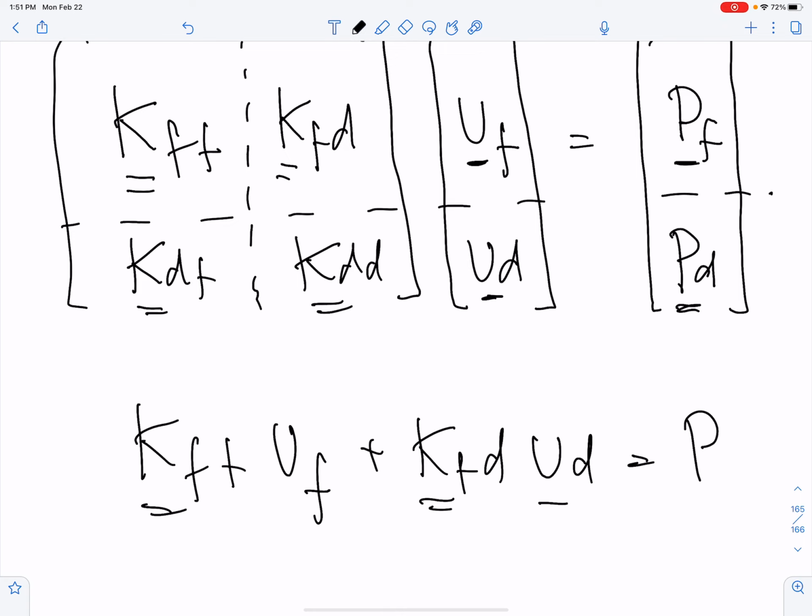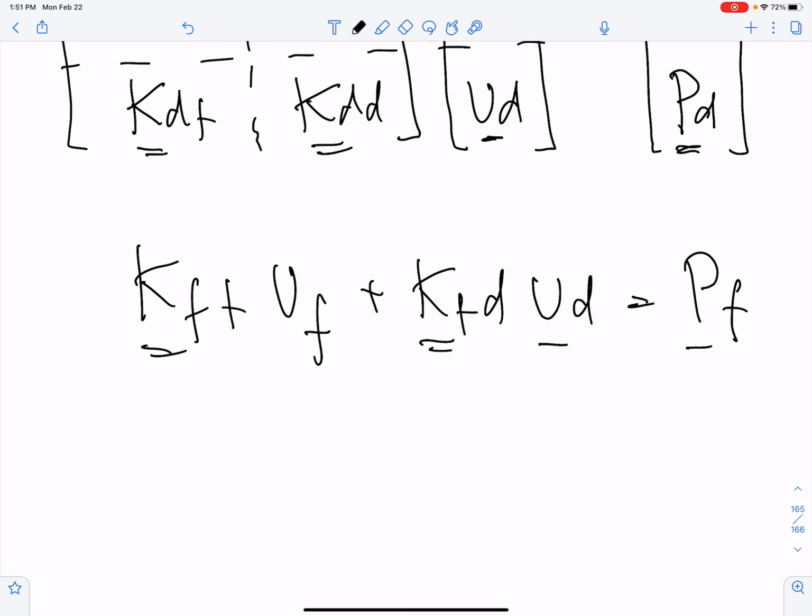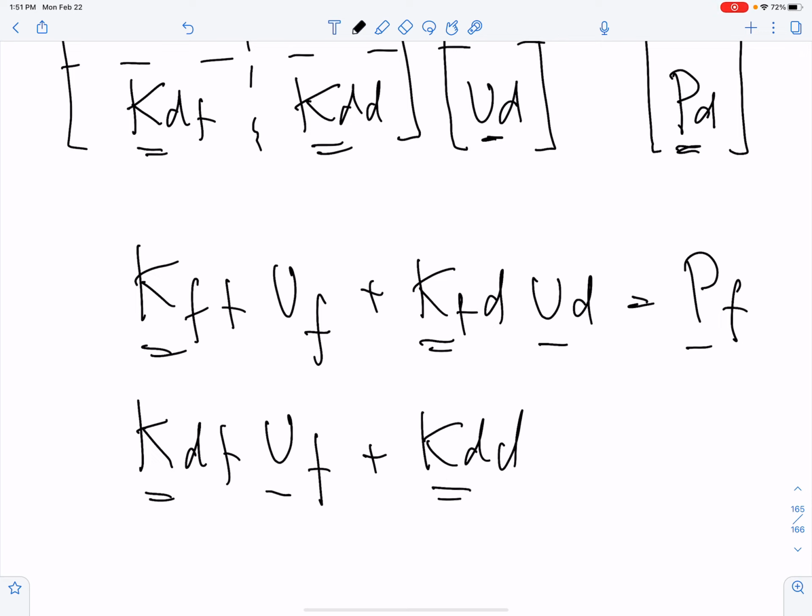The end result is PF. Okay. And then another system that you're satisfying simultaneously: KDF times UF plus KDD times UD equals P sub D.